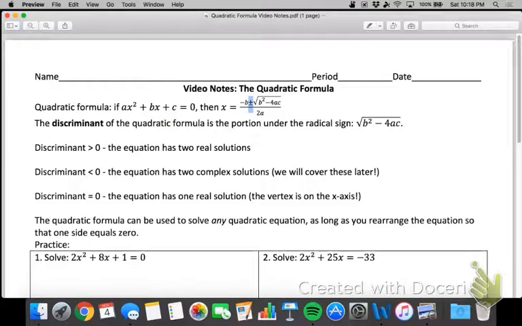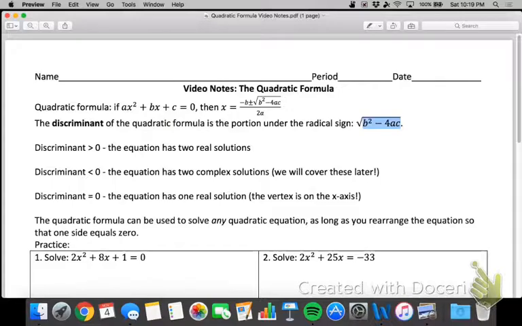If you end up with a negative under the radical sign, you have what are called two complex solutions, and we cover these later. For now, in this first set of problems, because we haven't learned about complex solutions, if you get a negative under the radical sign, you did something wrong.